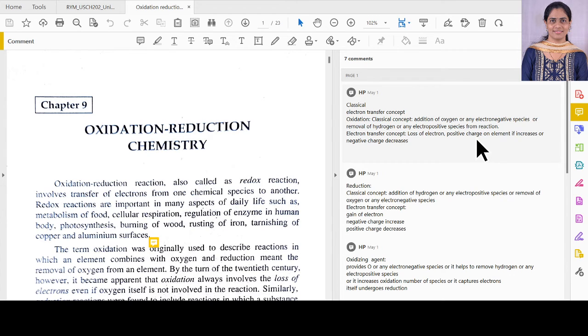Okay, Fe2+ converted into Fe3+, positive charge is increased, then that is oxidation. Or if some negative species is there and negative charge is decreased, O2- is converted into O1-, then that is oxidation. Okay, so different concepts of oxidation and reduction are there. Similarly, you can remember the concept of reduction, exactly opposite to oxidation.